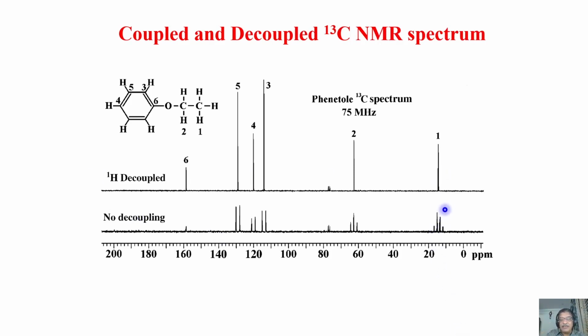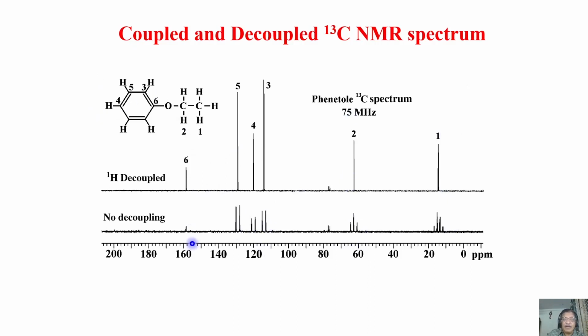These 4 peaks which were a quartet all collapsed into a singlet because now it is not coupled to the CH3 protons anymore. There is no splitting of the energy levels or no splitting of the peaks. They overlap, they collapse into a singlet. Similarly, this triplet collapses into a singlet. All these doublets of the aromatic carbons collapse into a singlet.